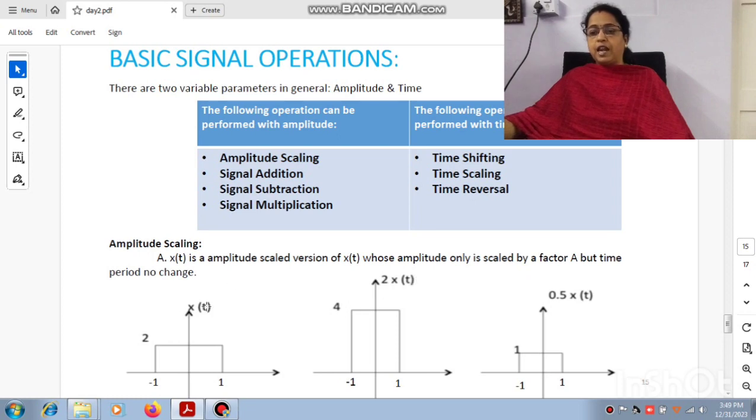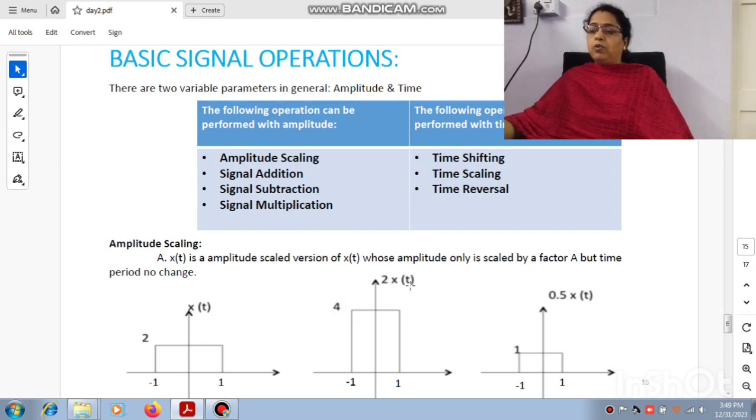That means I am going to scale x of t's amplitude by 2. Previously the amplitude was 2, multiplied by 2, I will get an amplitude of 4. There is no change in the time. Time is from -1 to 1 here also. Only the amplitude is changed from 2 to 4, because it is 2x of t.